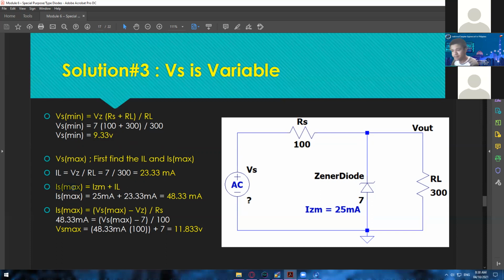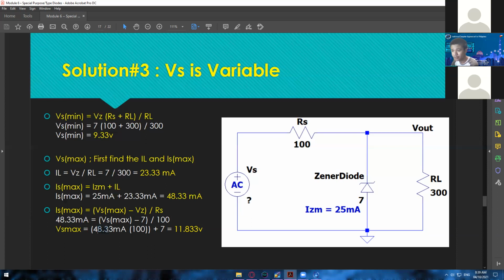And for the IS max, it's still the same. But in here, there is a new one, which is this one. We have to use this formula in order to get the VS max. What we did here is we transposed everything to the left side, and with that, we get this one as our final equation.